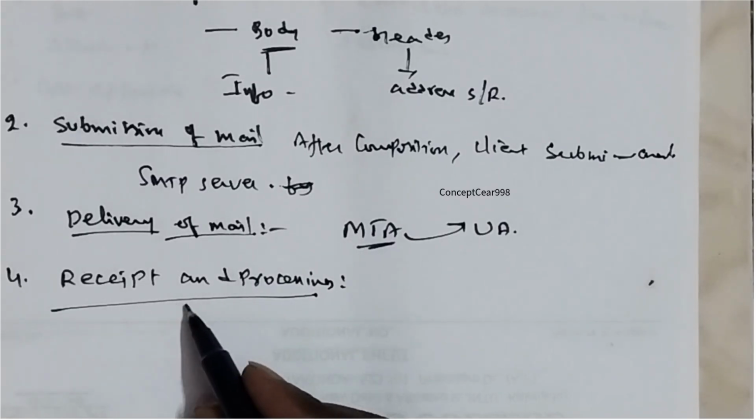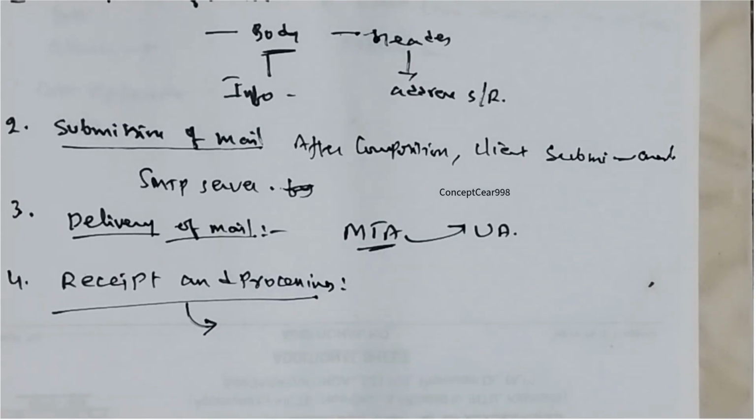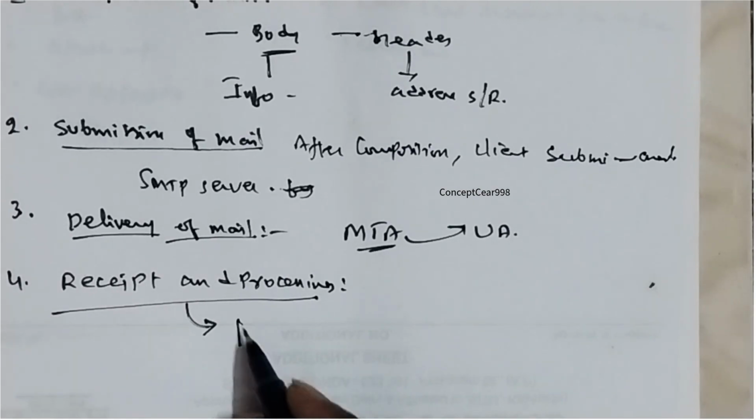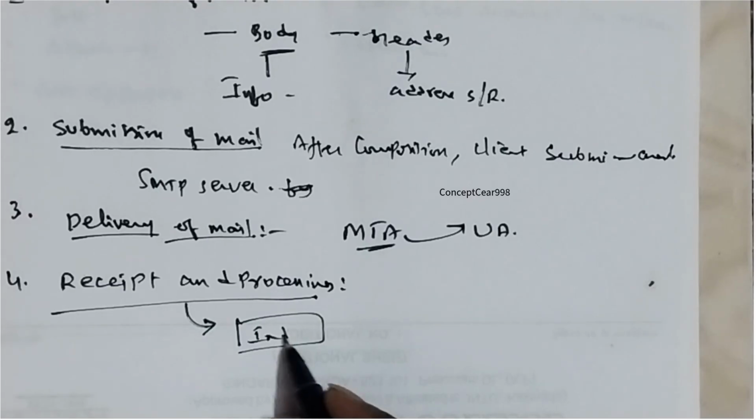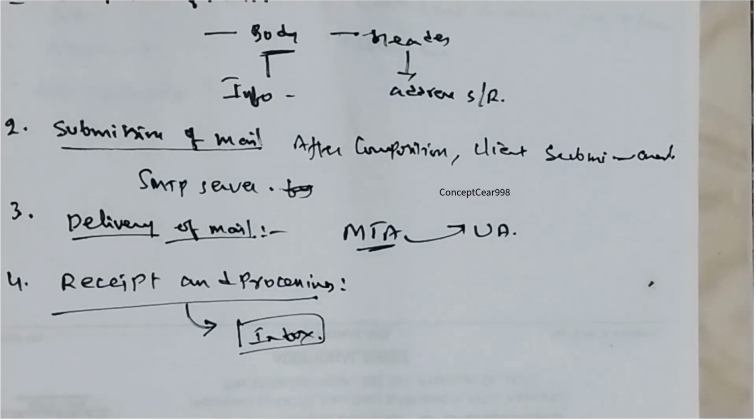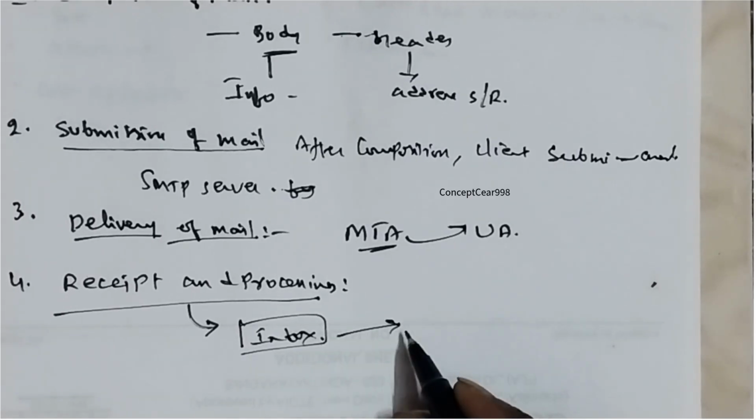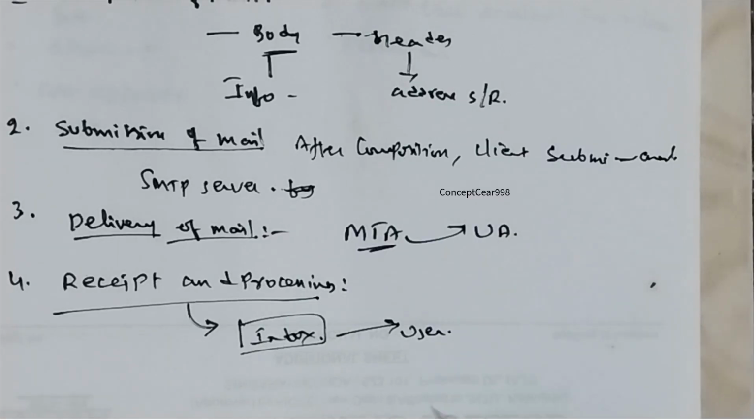Once the incoming message comes, the mail transfer agent stores those messages in inboxes. These mails wait for the user to retrieve them. When the user opens the mailbox, it will display their content.